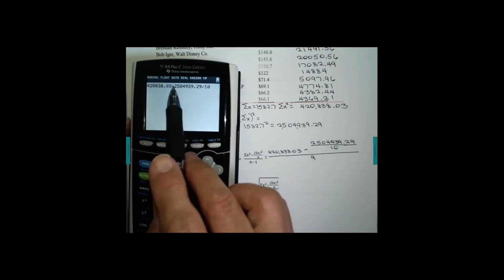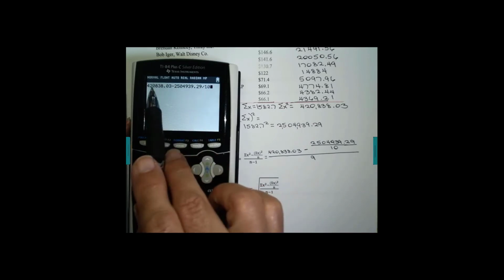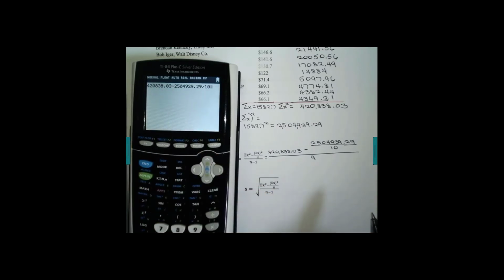At this point, order of operations is working in our favor. The calculator will do this division, and then it'll do the subtraction, and that's what we want it to do. If we went ahead and put in divided by 9, it would do the fraction divided by the 9, and then it would do the subtraction, and that won't work. So we say enter, and we then say divided by 9. And it gives us the answer that we are looking for here.